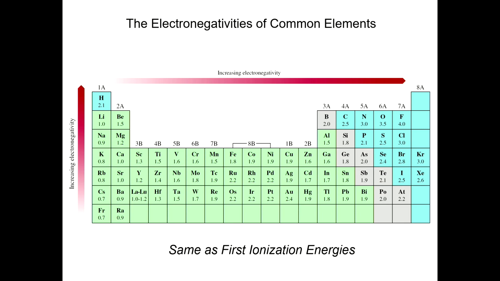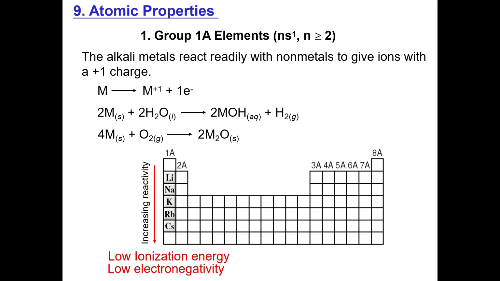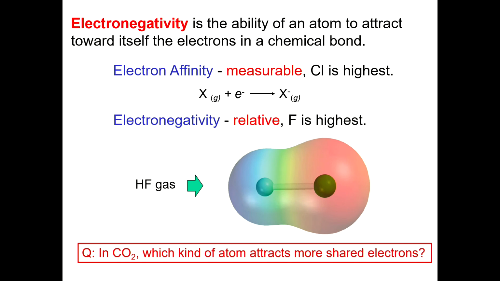Oxygen is 3.5, carbon is 2.5. So definitely oxygen, right? From left to right, oxygen is smaller, so it can attract shared electrons more than carbon. So the answer is oxygen can attract the shared electrons more than carbon.